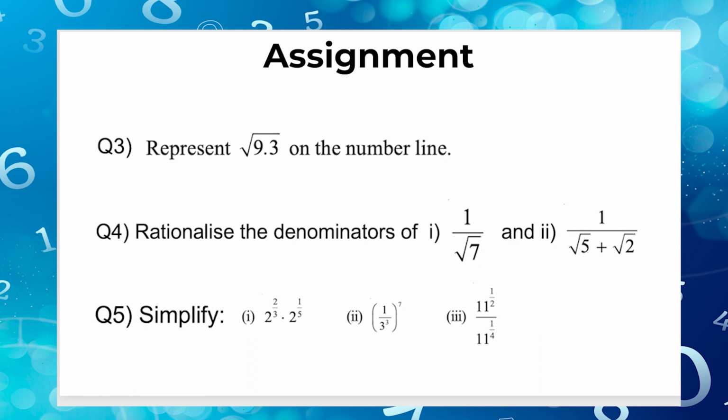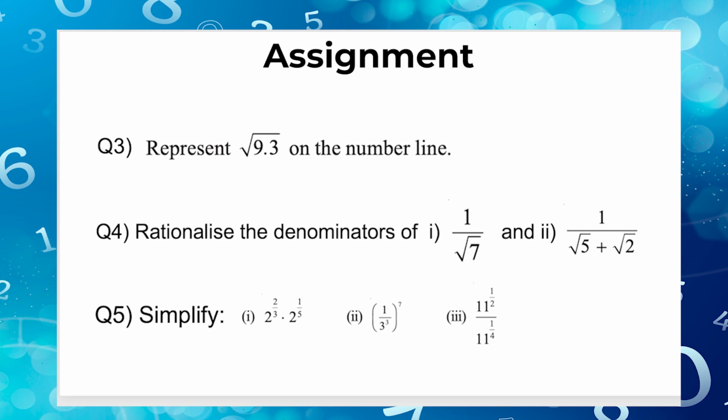Now we come on to the next question, that is question number 3. Represent root 9.3 on the number line. Fourth one is, rationalize the denominator of 1 by root 7. Second part, 1 by root 5 plus root 2.